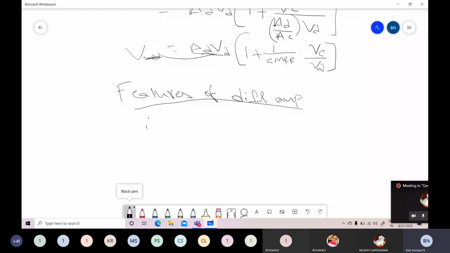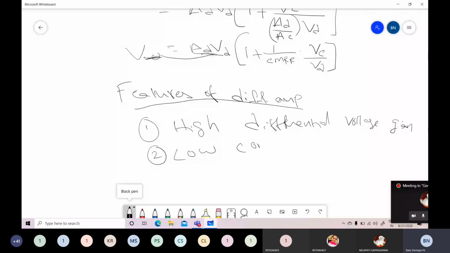The first one is that it should have high differential voltage gain, that means AD should be very large. The second one is low common mode gain, that means the AC value should be very low.